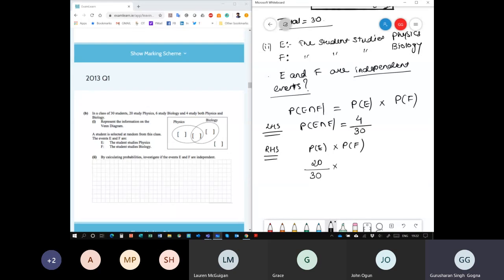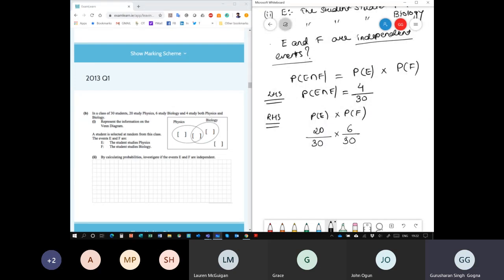What is the probability of F? How many students study biology? 6, so 6 out of 30. Then you can simplify this. Well, you can use a calculator, but I'll just do it straight away. The 0s cancel, and 3 goes into 6, so it will give you 4 over 30 as well.